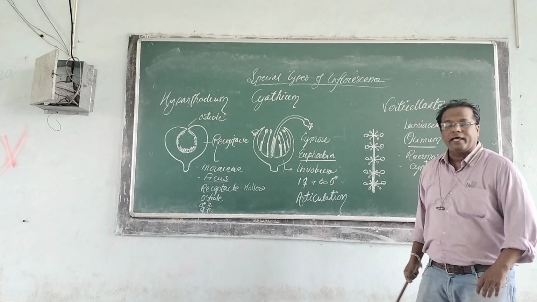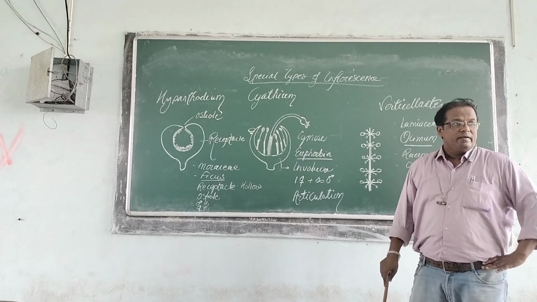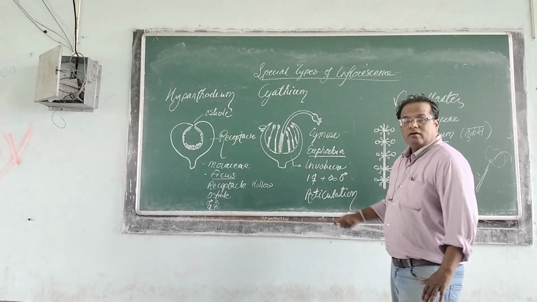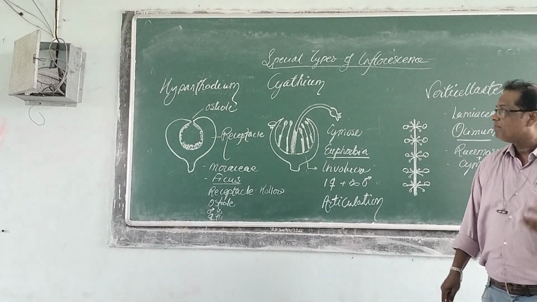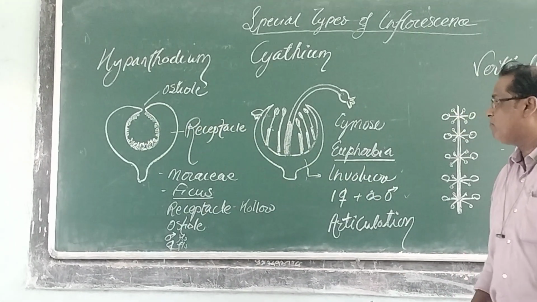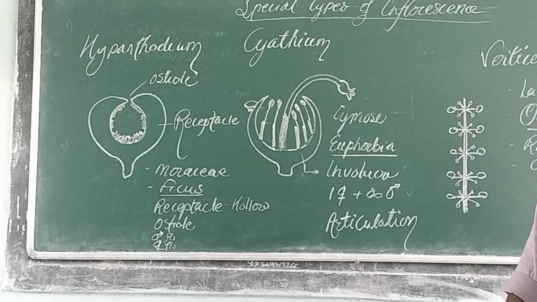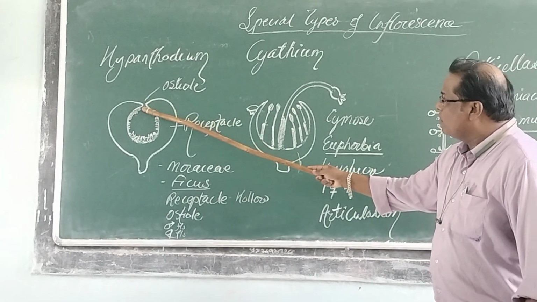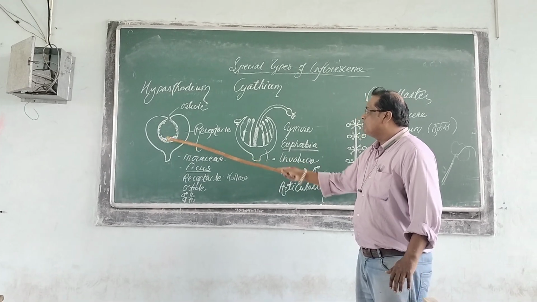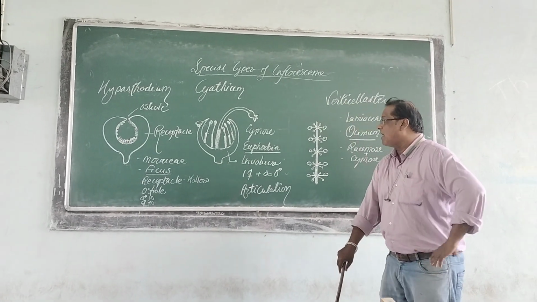This opening is known as an ostiole. Inside this hollow spherical structure, many flowers are formed. Here also the flowers are unisexual. Near the ostiole, male flowers are present, and at the bottom female flowers are present.